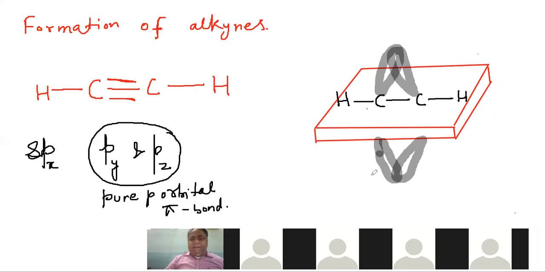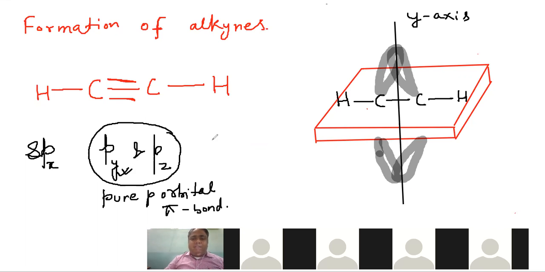Now where will the second pi bond be? The second pi bond will be in the z axis. This is the y axis, of py.